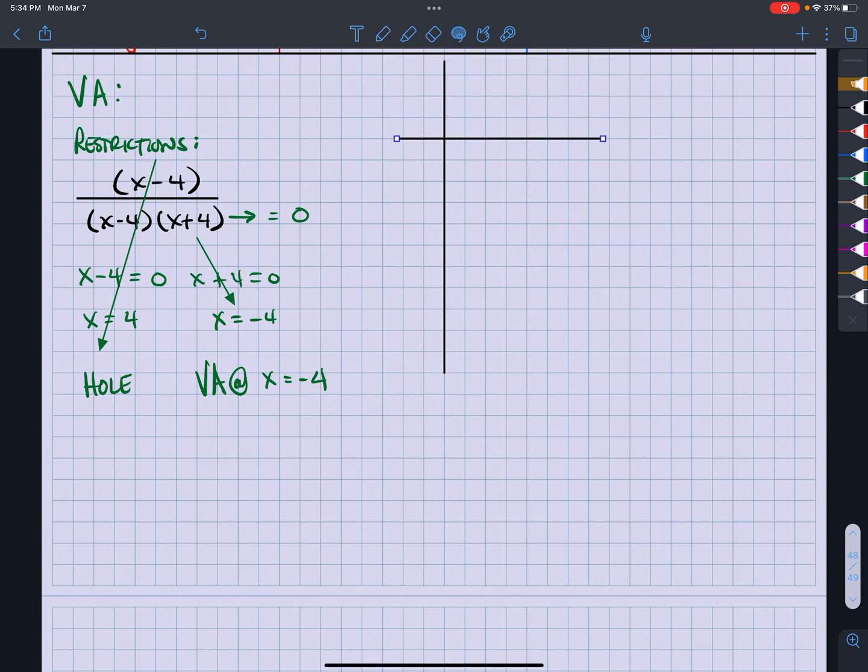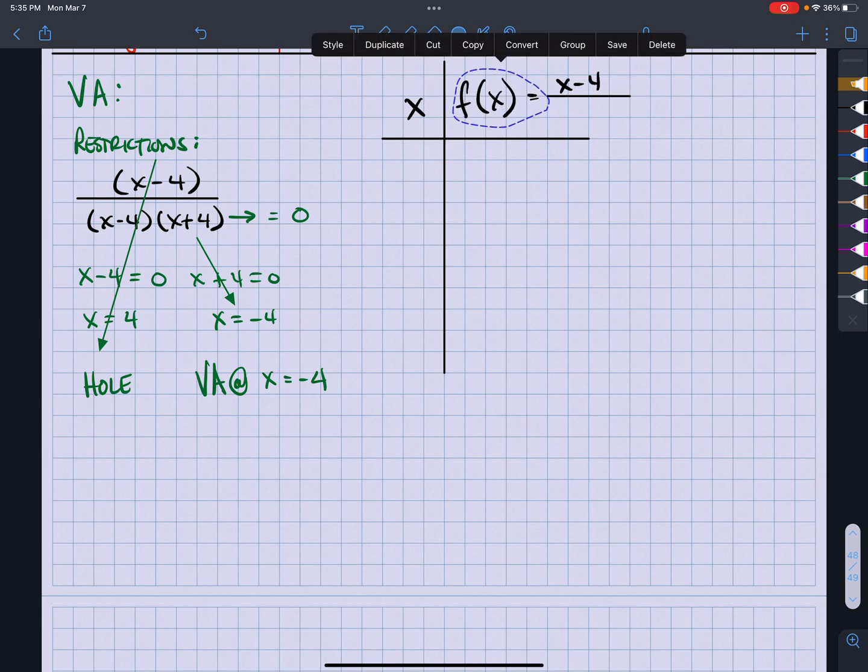In fact, let's bring this down a little bit. What I know is that this is my x, and my f of x is equal to x minus 4 over, I can either use the x squared minus 16, or I can use the x minus 4 times x plus 4.